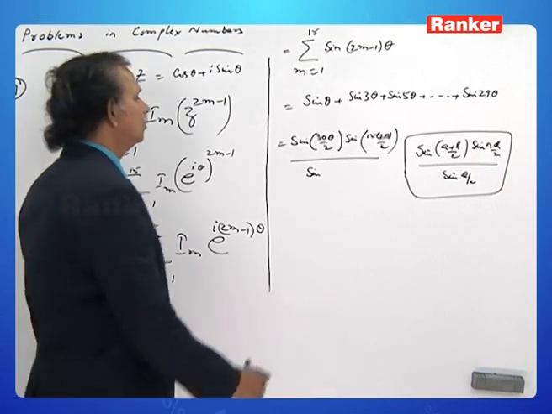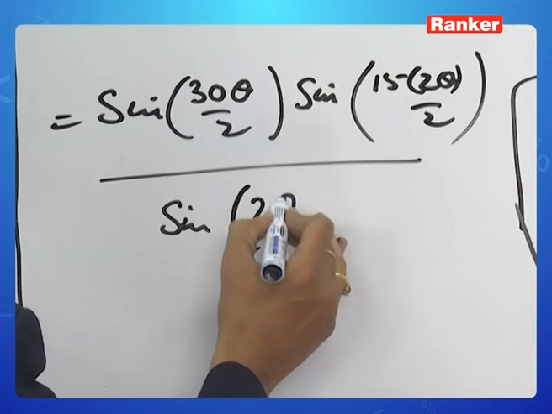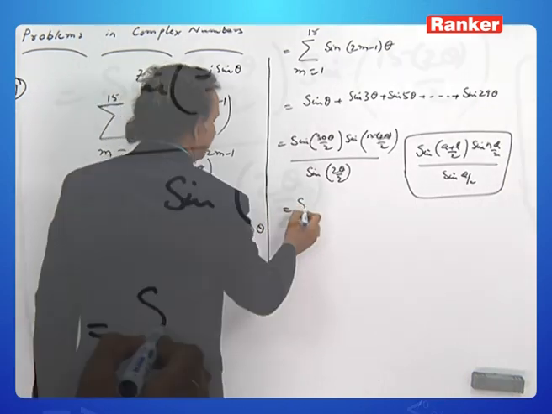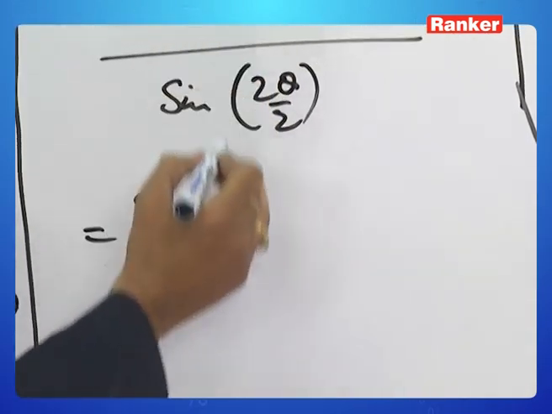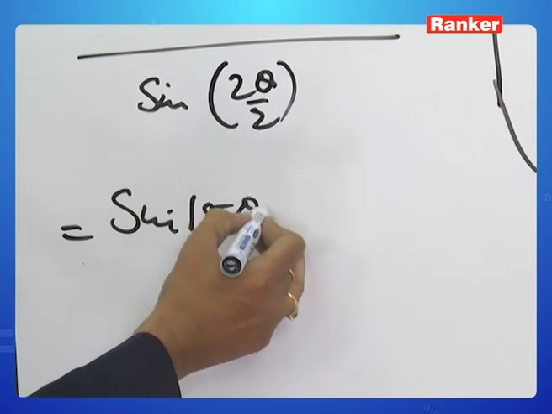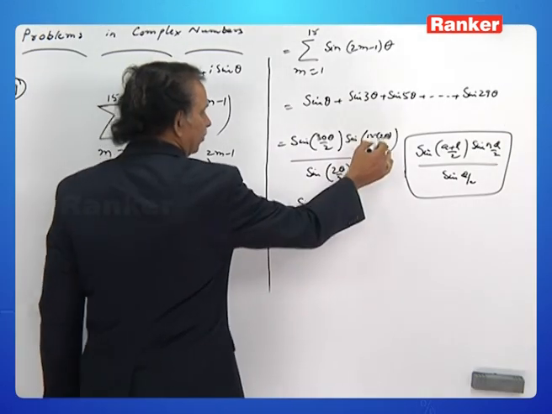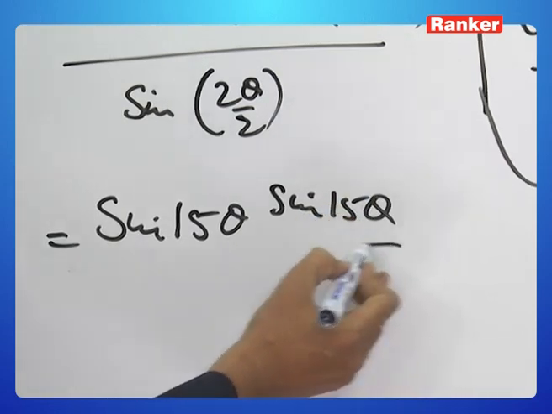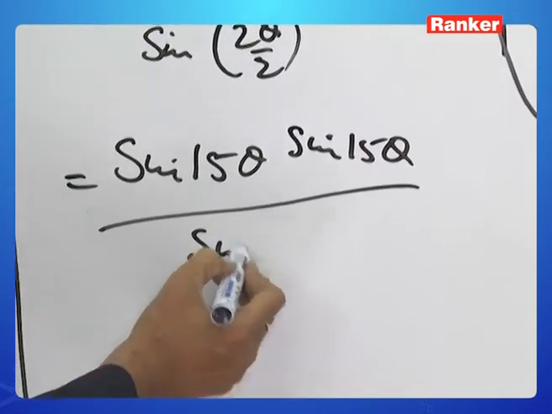What is the difference? 2 theta. So 2 theta by 2, by sin d by 2, which is 2 theta by 2. Altogether, this is sin of 30 theta by 2, which is 15 theta. Again, 2 will be cancelled. So, again it is sin 15 theta by sin theta.